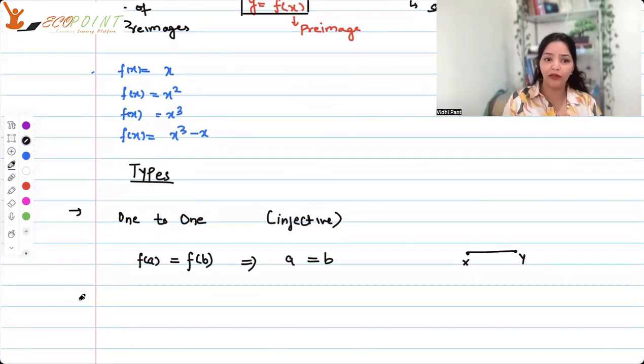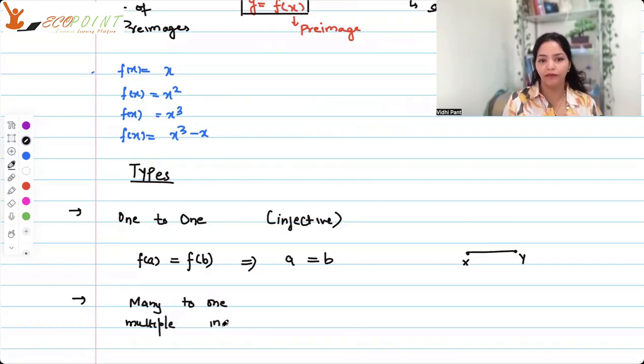Just like you have a one-to-one function, you can also have something called many-to-one. Now, a many-to-one function basically means you have multiple inputs mapping to the same output.